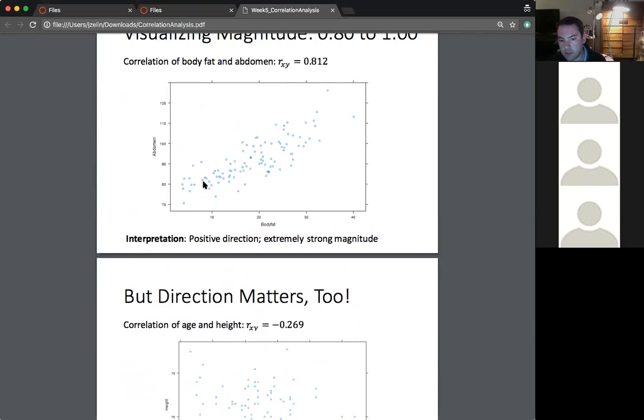So the units don't matter. It's more so the relationship between those two variables. A way of looking at it is: if I apply this transformation, will the relationship between these two variables change? If it's not going to change, then your correlation won't change.